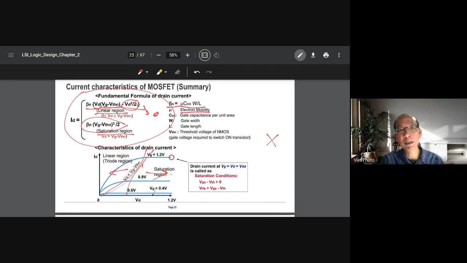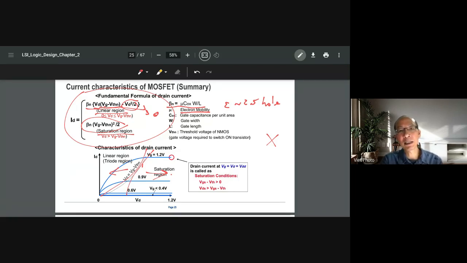The electron mobility. I think it's supposed to be electron mobility or hole mobility, and for the electron, I think it's about 2.5 times the hole mobility.